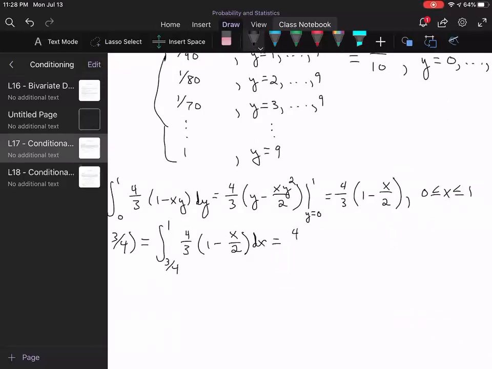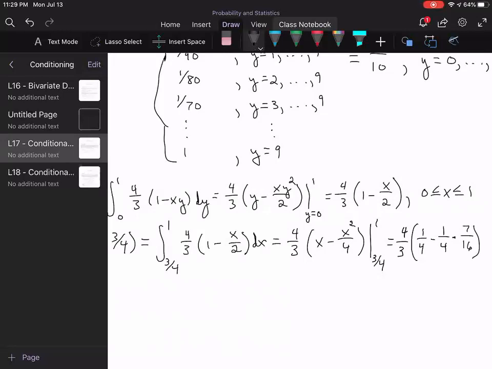So when you integrate this, you get 4/3 (x minus x squared over 4), evaluated from 3/4 up to 1. So the x term is going to be 1 minus 3/4, which is 1/4. And then the x squared term is going to be 1 squared, which is 1, minus 3/4 squared, which is 9/16. So 1 minus 9/16 is 7/16.